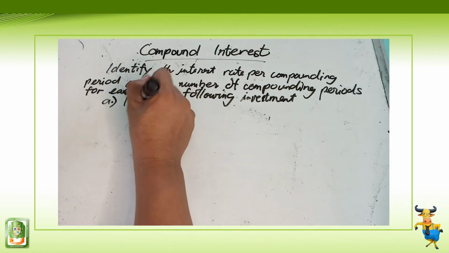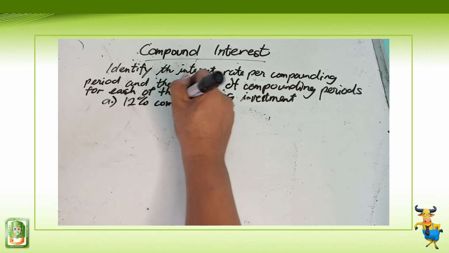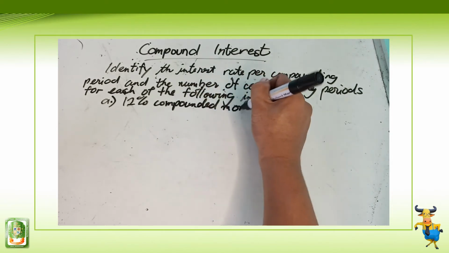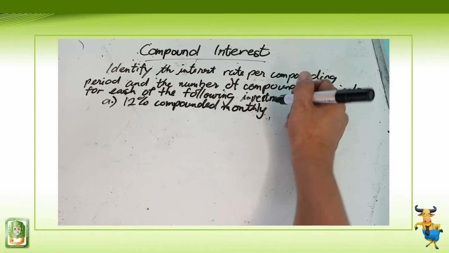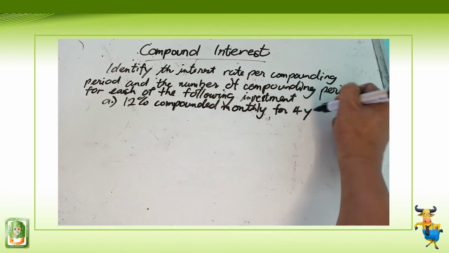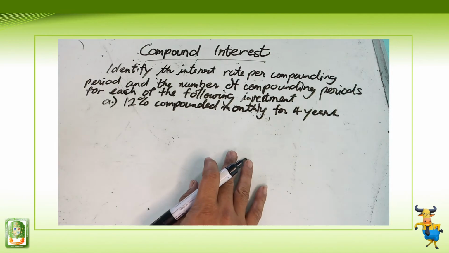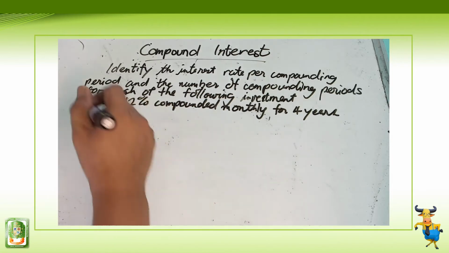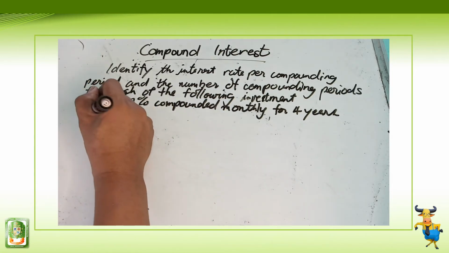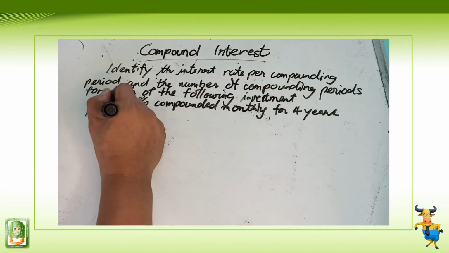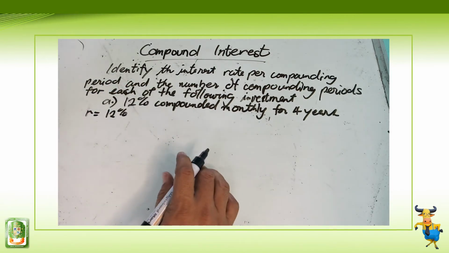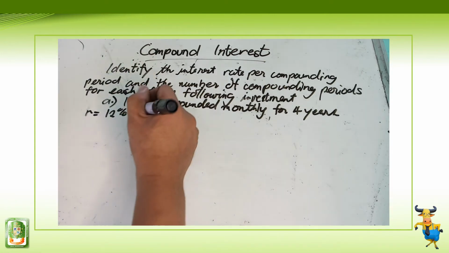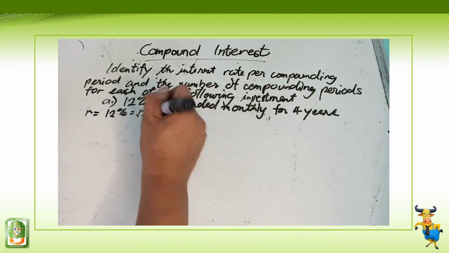12% compounded monthly for 4 years. Sa loob ng 4 na taon. So, tingnan natin. What is your rate? With a 12%. And then, kung i-decimal point natin, 0.12.